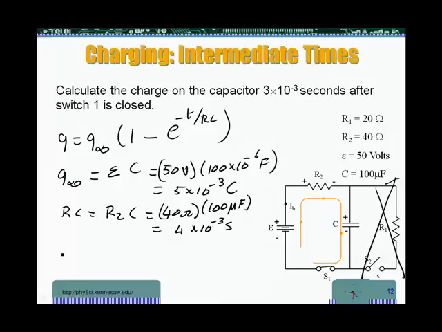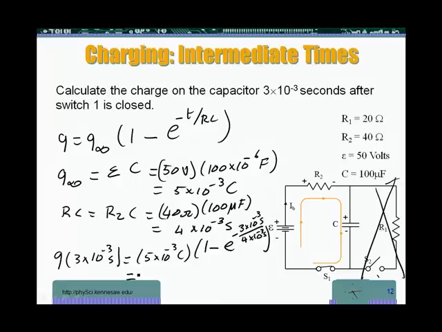So my equation then, Q at 3 × 10⁻³ seconds is equal to Q infinity, which is 5 × 10⁻³ coulombs times 1 minus exponential minus 3 × 10⁻³ seconds over 4 × 10⁻³ seconds. Okay, the 10⁻³ cancel out, and then I have exponential minus 3/4.